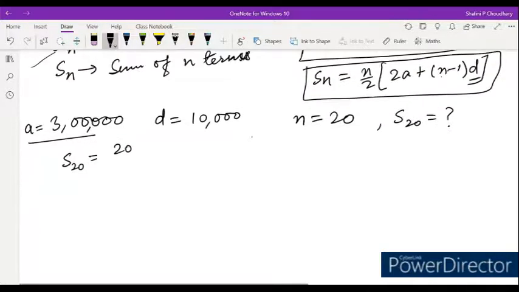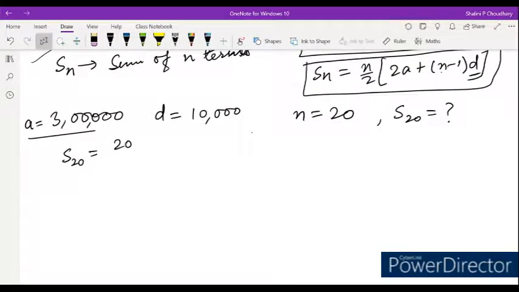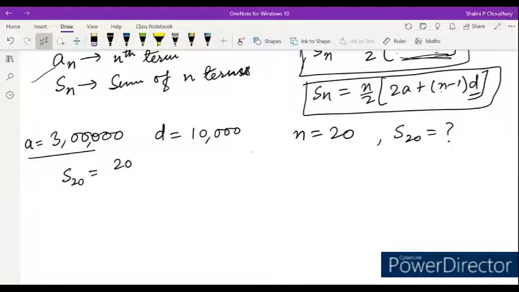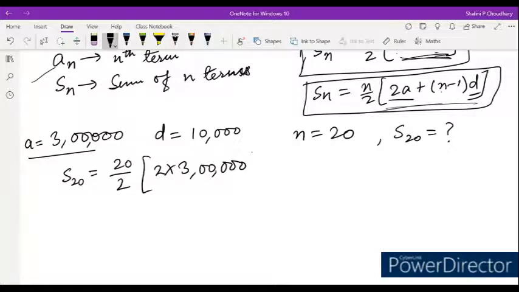Sn is equal to n upon 2, and the common difference we know, so we can write it like this: 20 upon 2 multiplied by 2 into a, that is 2 into 3 lakhs, plus n minus 1, so 20 minus 1 is 19, and d is 10,000.